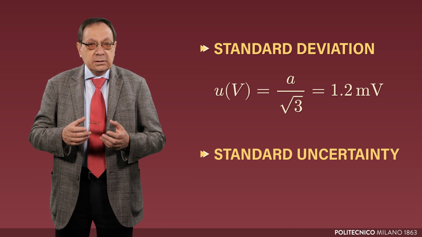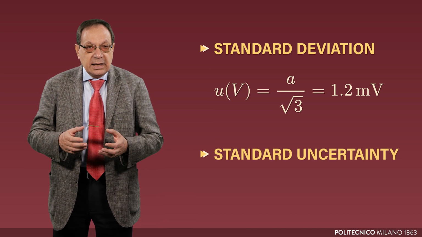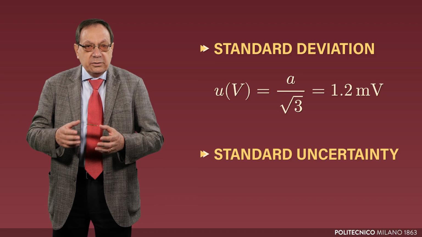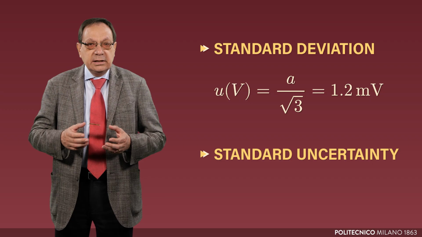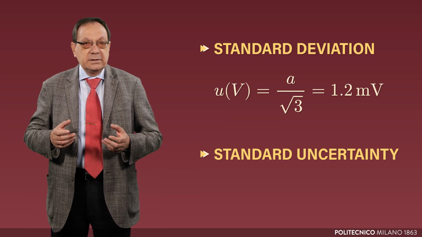The standard uncertainty given by this standard deviation with the values found for the half-width a of the interval is therefore 1.2 millivolts. We have therefore seen with this example which steps to follow in order to assess the standard uncertainty using a type B evaluation method.